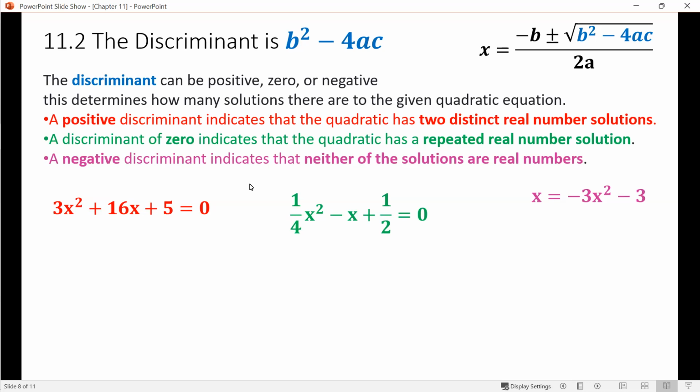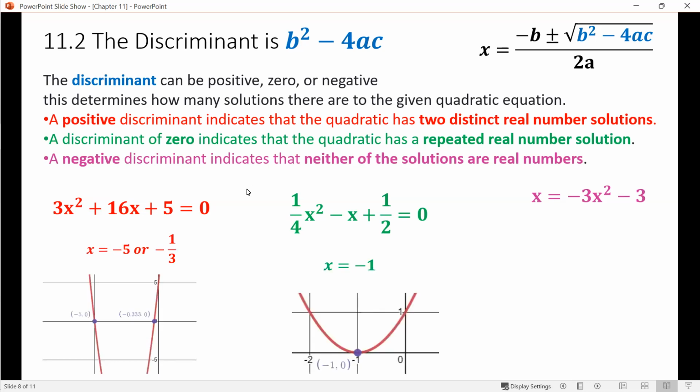So let's take another look at those three examples that we had. I believe I switched our example 2 out for something a little bit different, just so you can see what it looks like when the discriminant is 0. In our first example, our discriminant was a positive real number, and we crossed the x-axis twice.